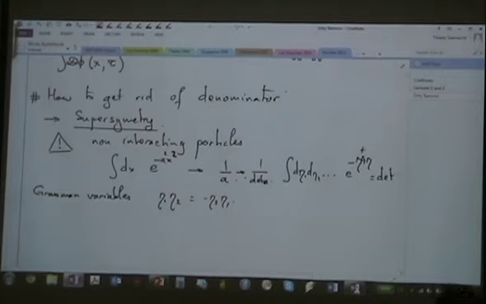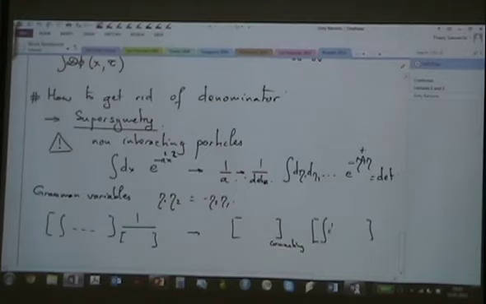So the idea is to replace this denominator, which is 1 over a determinant, by a numerator, but on Grassmann variables. So instead of having a numerator times 1 over the denominator, you keep the first part with commuting variables, and you replace the second one by an integral over Grassmann variables.